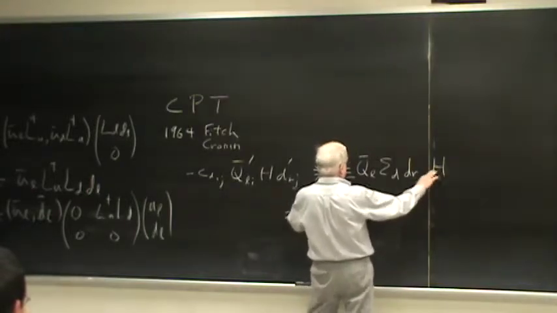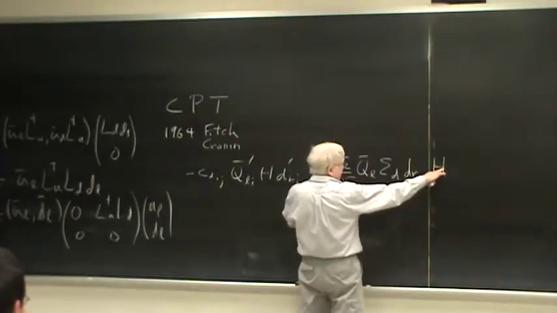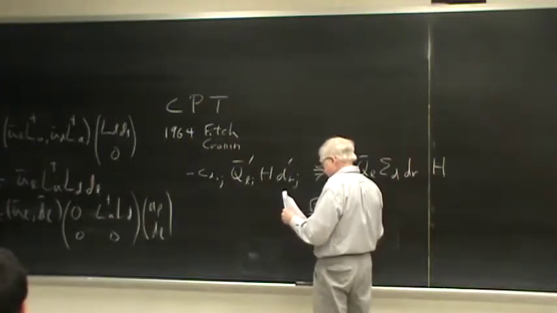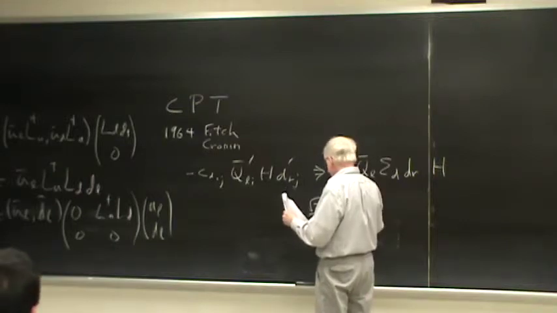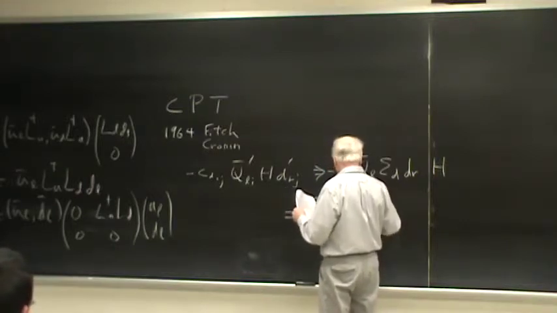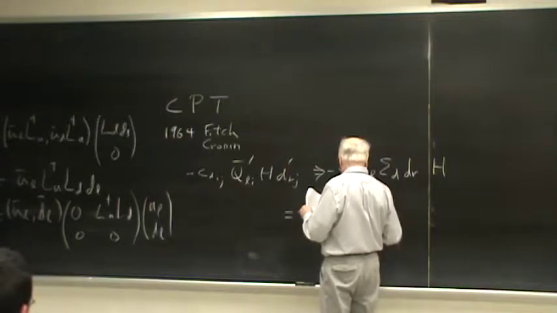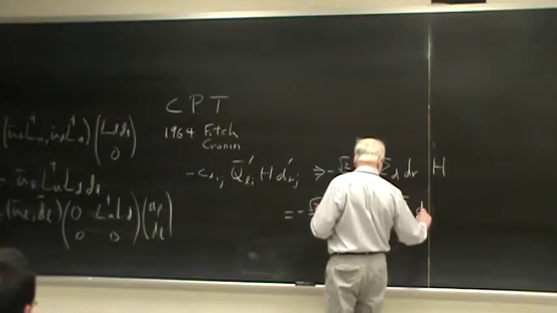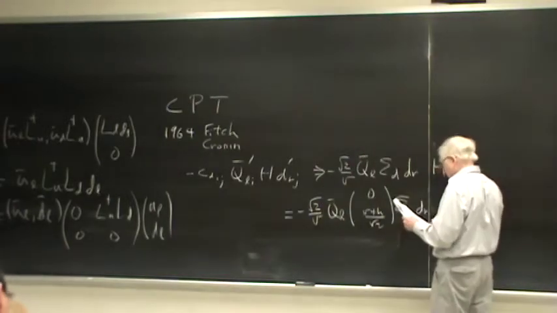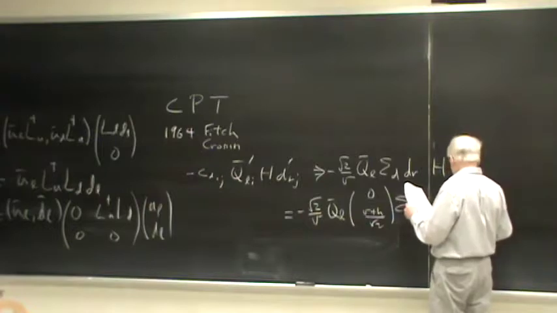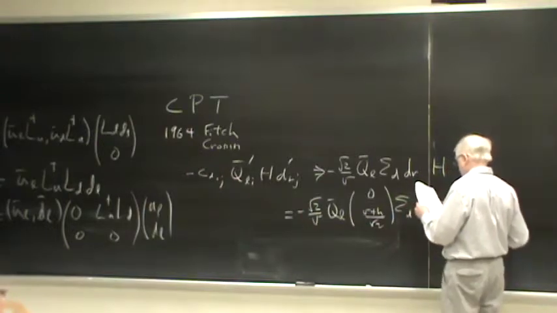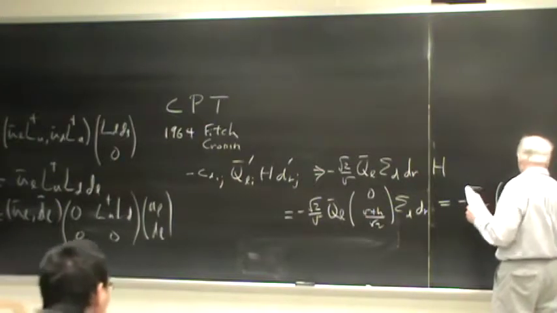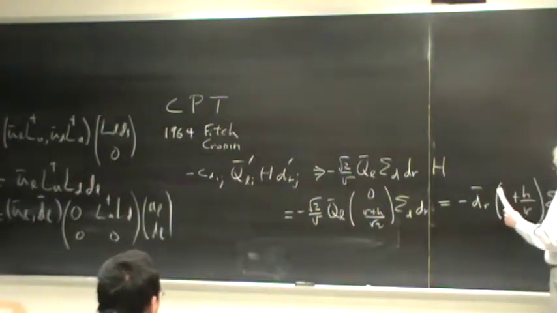So notice, I'm canceling the v over root 2 in h with this prefactor. And so these are the mass eigenstates, and then what we have here is v plus h over root 2, sigma D, D right. And so altogether this is minus D bar right, 1 plus h over v, sigma D, D right.